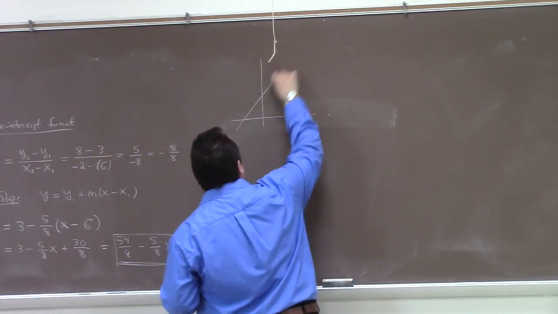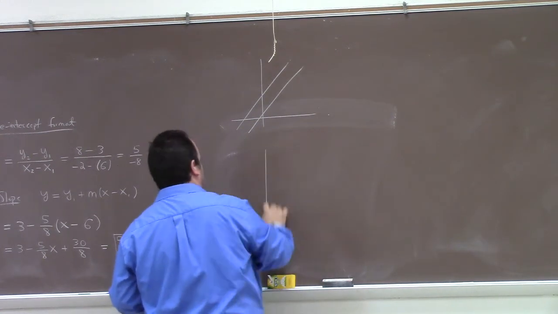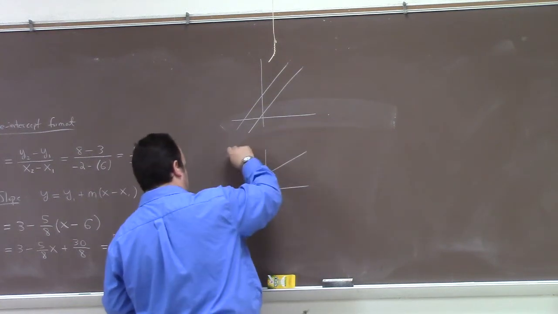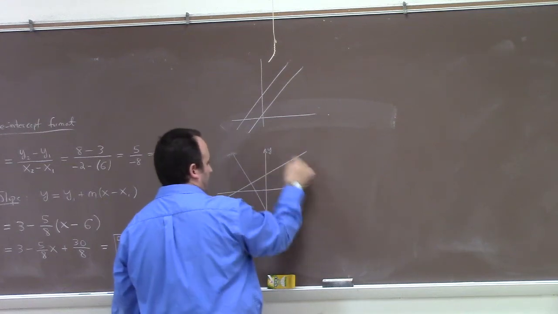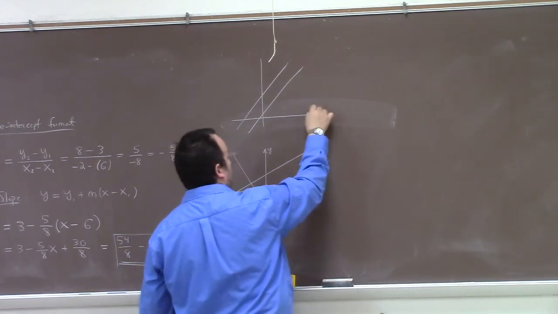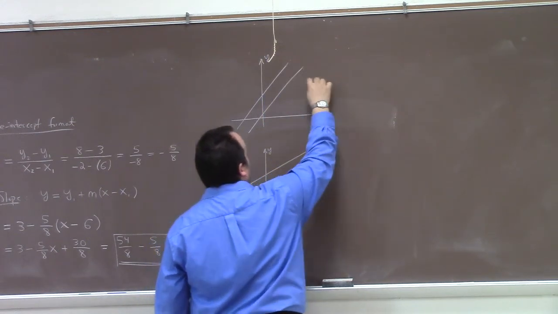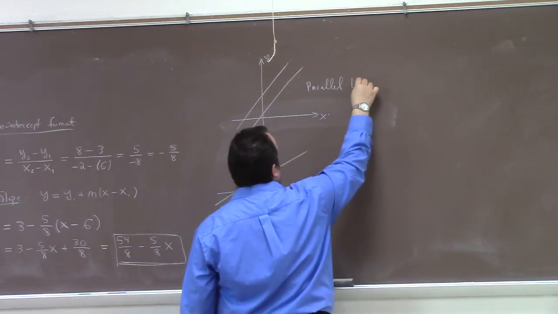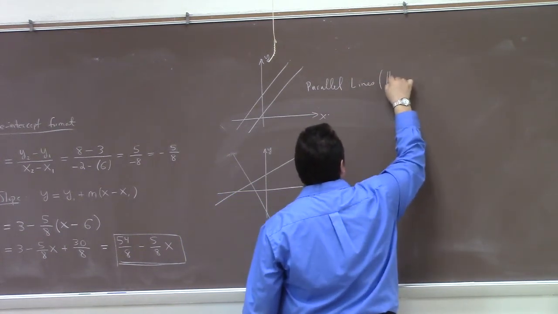You might have two lines like this, one is like this, and the other one's like that. What do we call these? Yeah, parallel lines. I usually use a symbol like that for parallel.